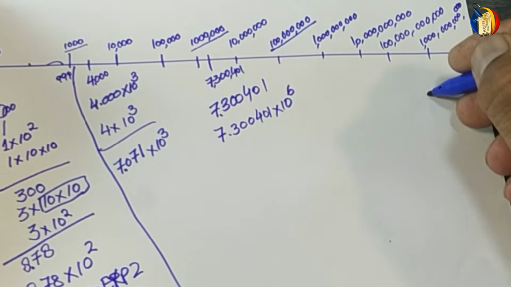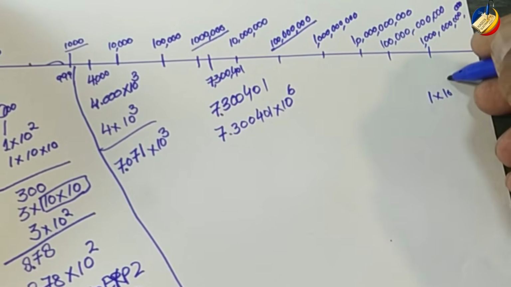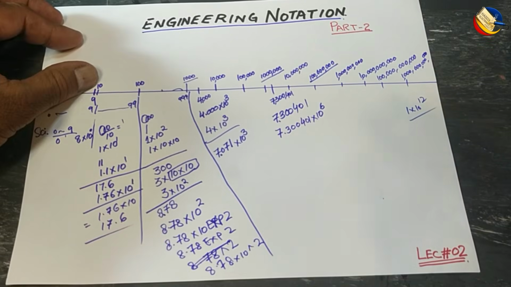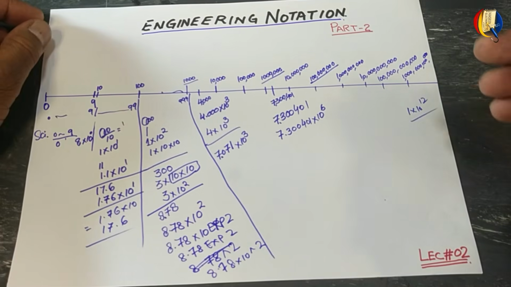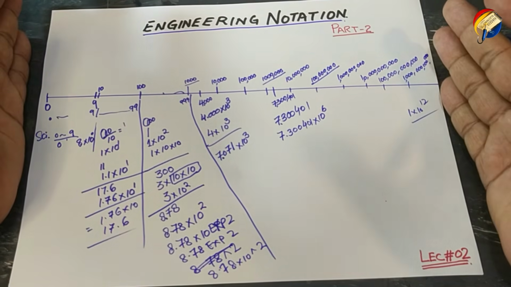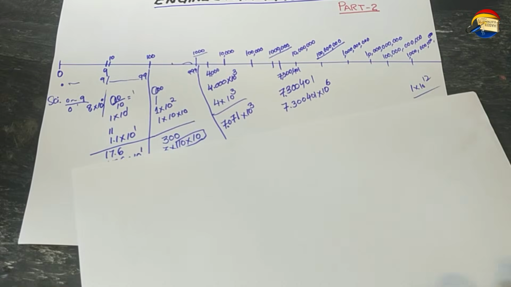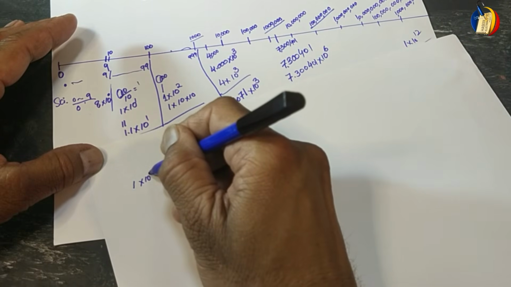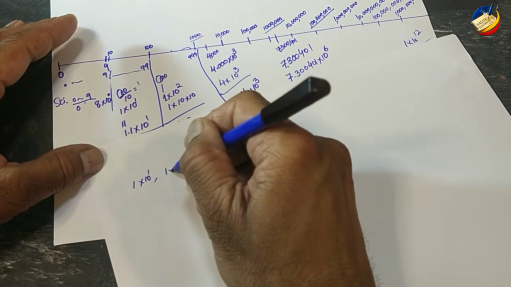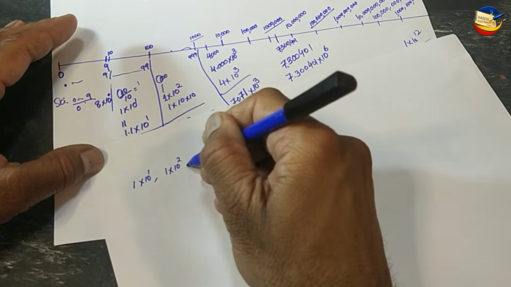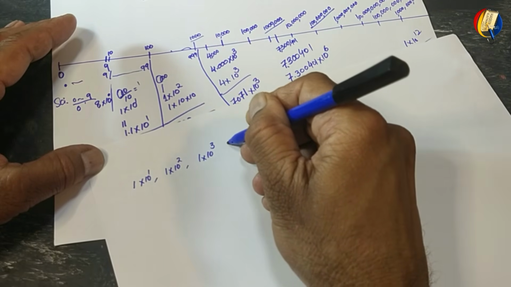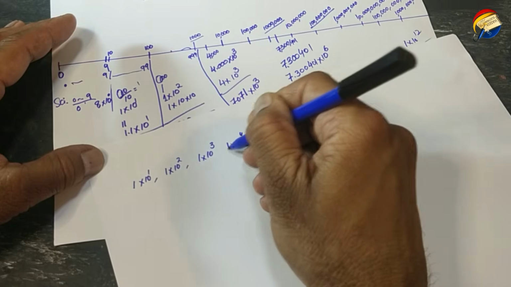Here 10 raised to the power 12 goes 3, 6, 9, 12. It is scientific notation. In scientific notation, 1 × 10 raised to the power 1, 10 raised to the power 2, 1 × 10 raised to the power 3, 1 × 10 raised to the power 4.